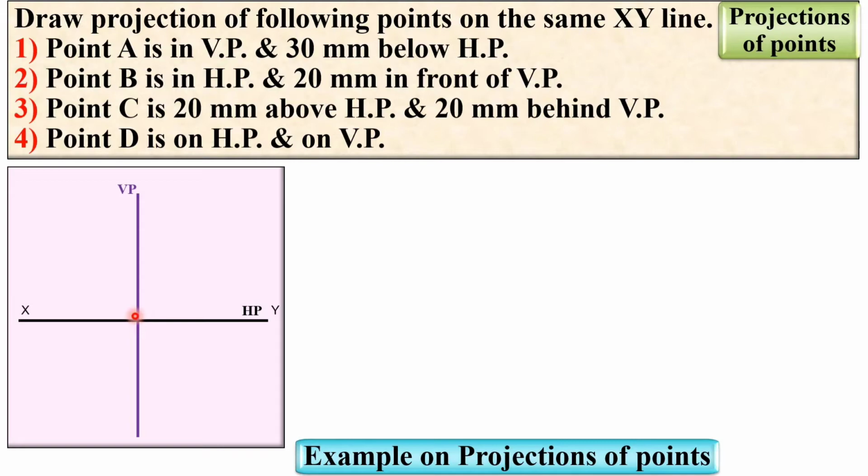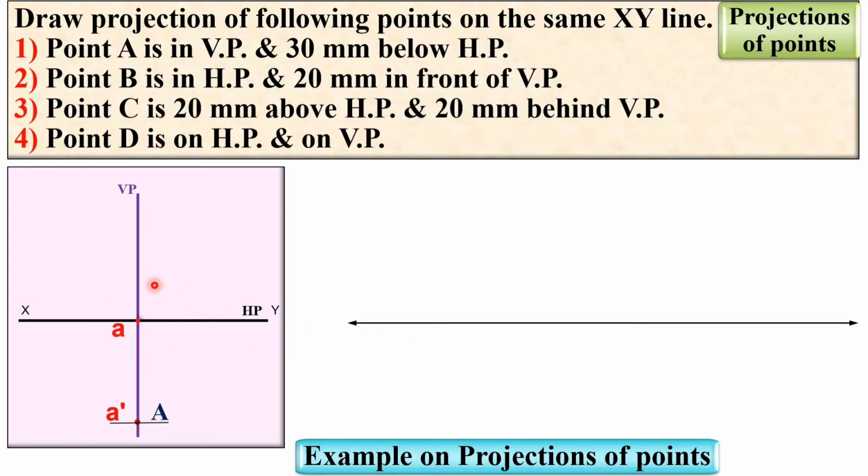It is 30 mm below HP, so you can draw the line which is 30 mm below this XY line. So this is the location of the point A. For the front view, the projection is always on the VP, and that is denoted by A dash. For the top view, it is projected on HP, that means over here, and that is denoted by A.